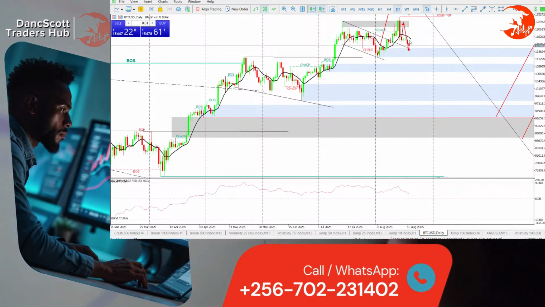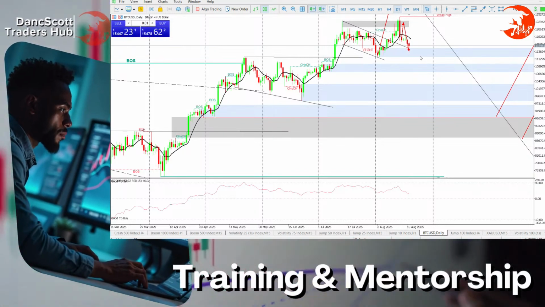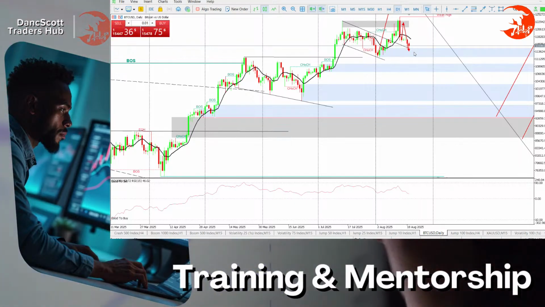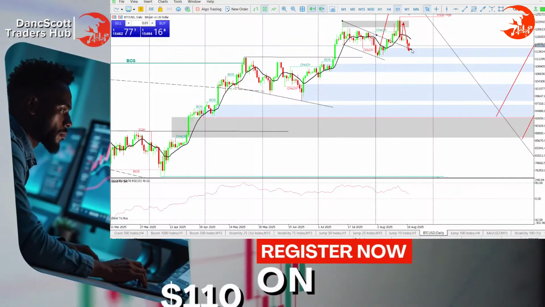Price has reacted all the way back to this order block. Now it's going to be taken as a support area. Price has reacted to this order block, and you can see that trend line there.